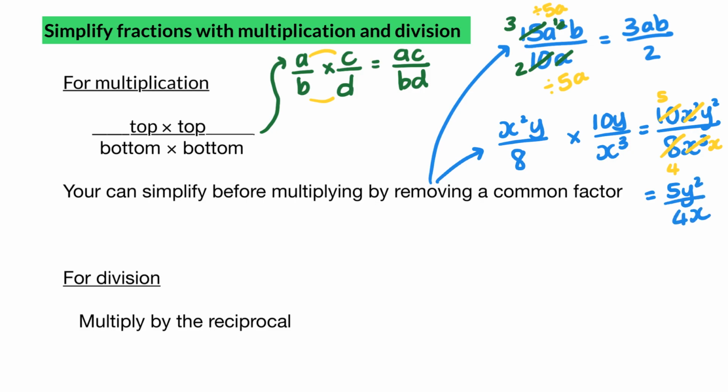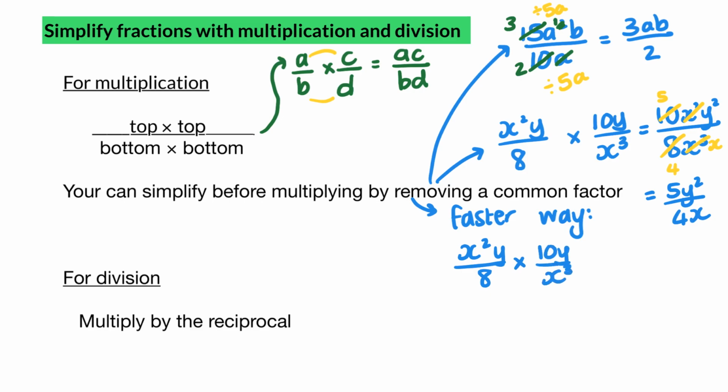Now if you want, you can save yourself some time. A faster way, and it might not seem much faster in this example, but if your fractions were a lot longer, it would be better to simplify your fractions first and then multiply.